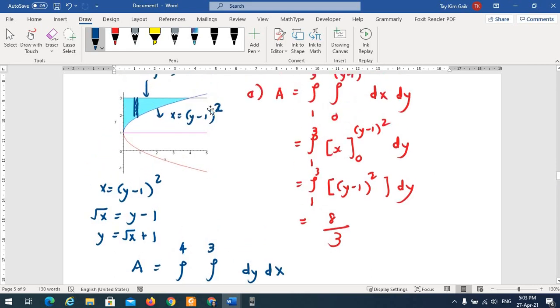For the lower curve, they give you x as the subject, so change it to y. Then the top curve is y equal 3. Sum the vertical bar from the left, which is the y-axis, x equals 0, up to the intersection point, which is x equal 4. So actually, this question is easier using dx dy. But since the question says dy dx, that's why you have to do it.